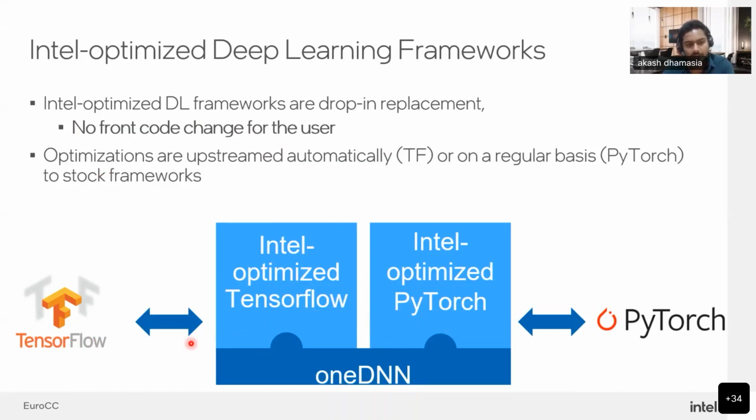New releases are coming up every day, and all the optimizations are upstreamed automatically into the TensorFlow or PyTorch framework, so you will always be updated with the new optimizations.